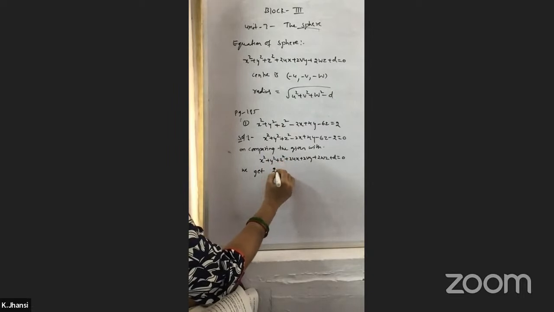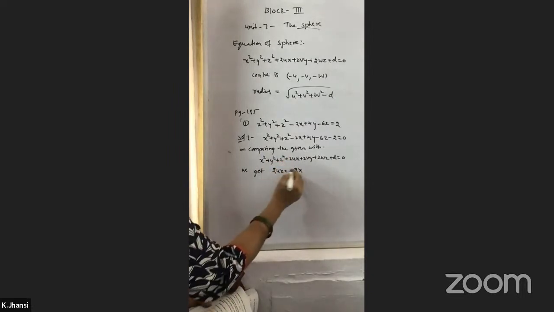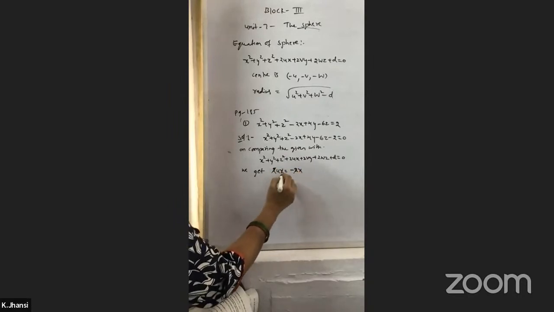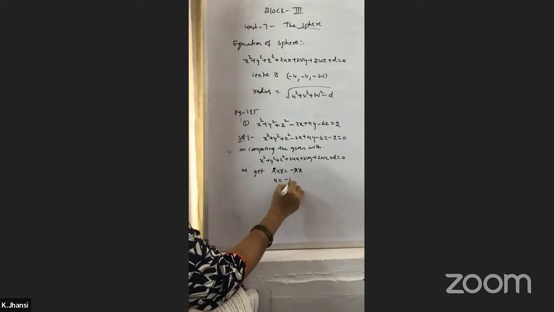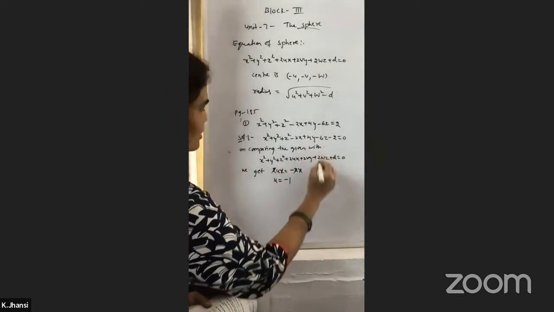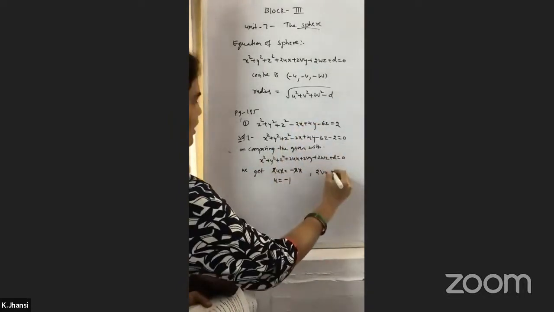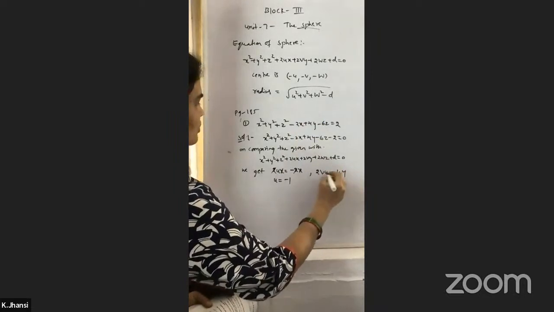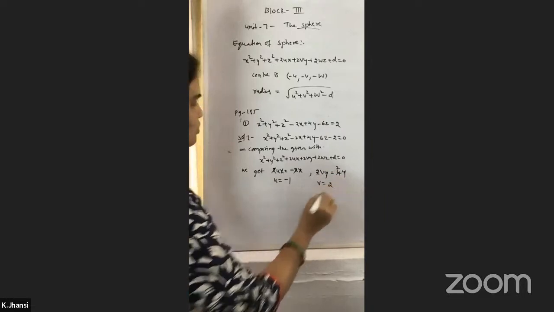Here 2ux is equal to minus 2x, so the 2 will get cancelled, and the x will get cancelled. So what is the u value here? u is minus 1. Next, 2vy: the y term is 4y, so this is 2 times 2, and the y gets cancelled. So v is equal to 2.